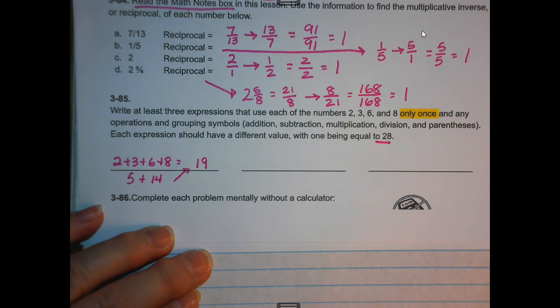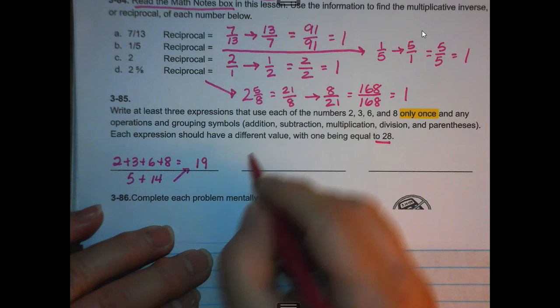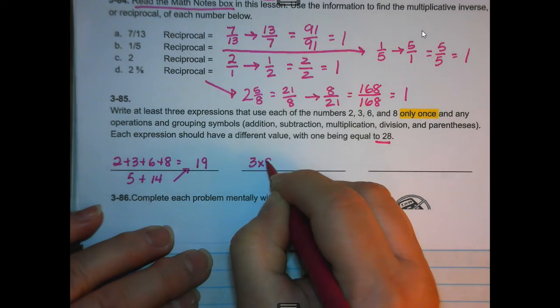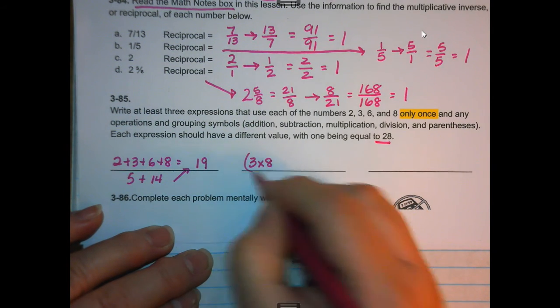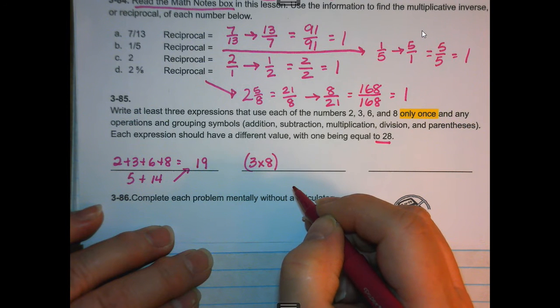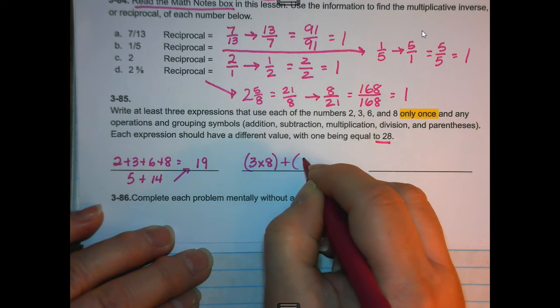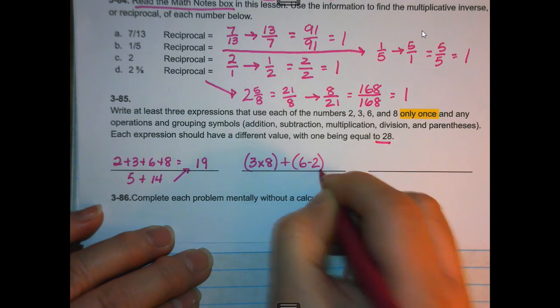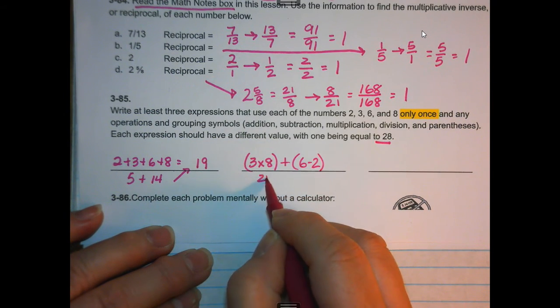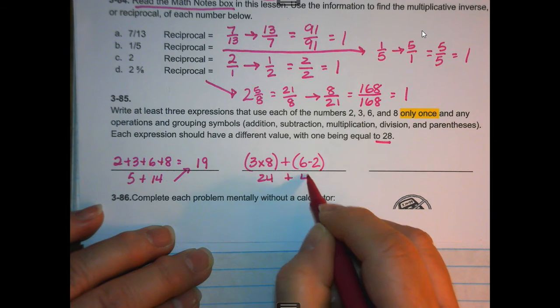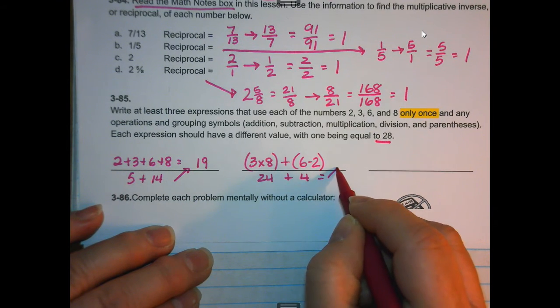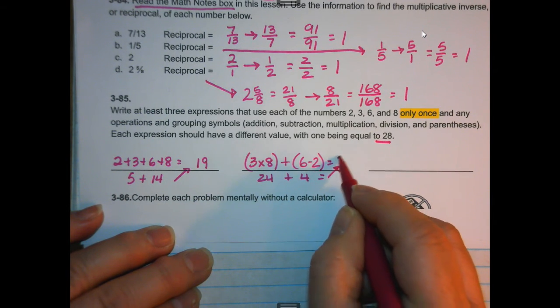All right. If I do 3 times 8 in parentheses, and then in parentheses 6 minus 2, I have 24 plus 4. Oh goodness, there's my 28.